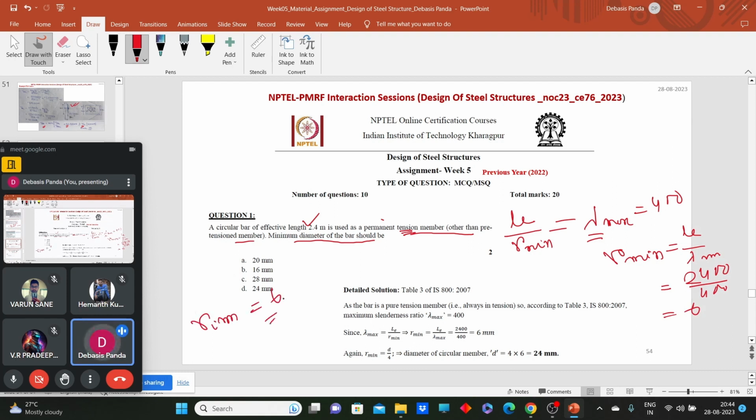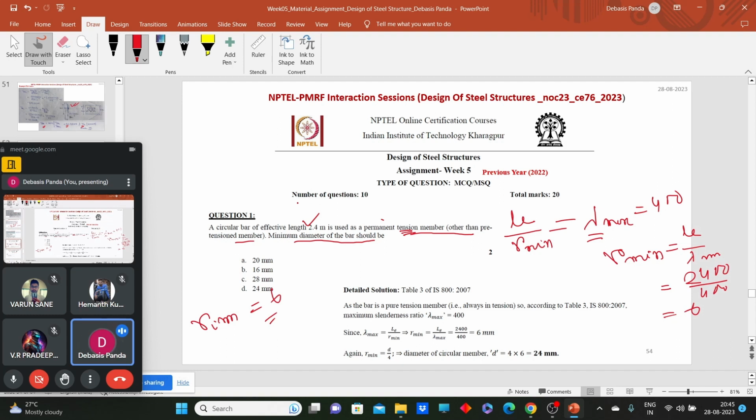Now tell me, what is R minimum? The radius of gyration, for a circular section. How can we define the radius of gyration? The radius of gyration can be defined as the distance from the axis of rotation at which, if the whole mass of the body is concentrated, the moment of inertia will be the same.